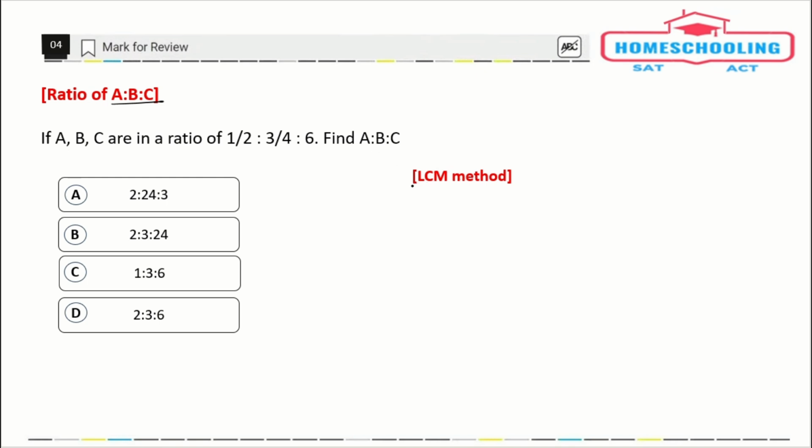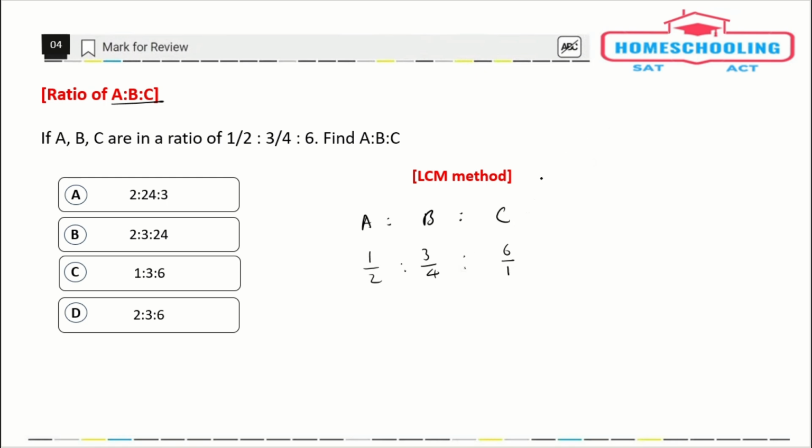So we will use the LCM method here. Let's write A, B, and C, and the corresponding ratios are 1 divided by 2, 3 divided by 4, 6. It can also be written as 6 divided by 1.